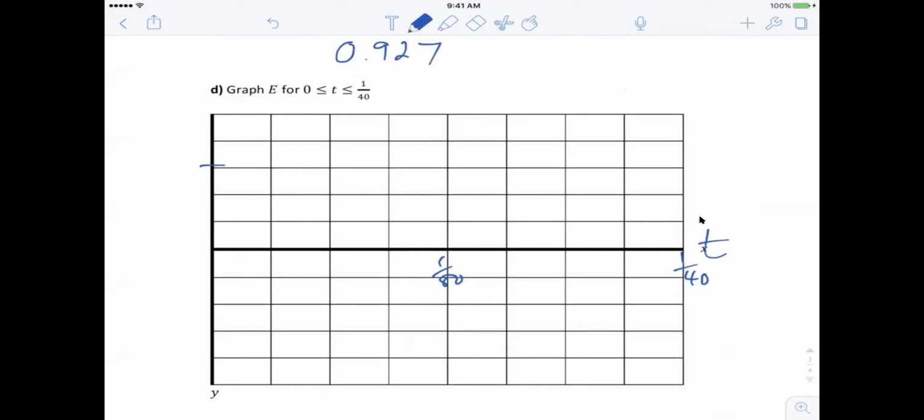The amplitude is 3. All right, so I'm going to start at 3 and then go to that quarter point, bottom out and back up, and then continue that pattern. All right, so we get 2 cycles of cosine again. That's fun. Okay, and that's what it looks like.